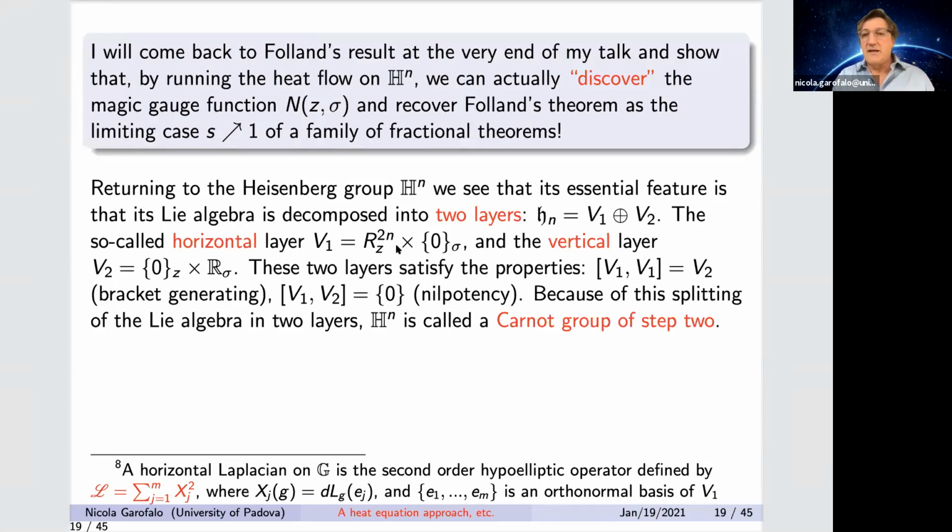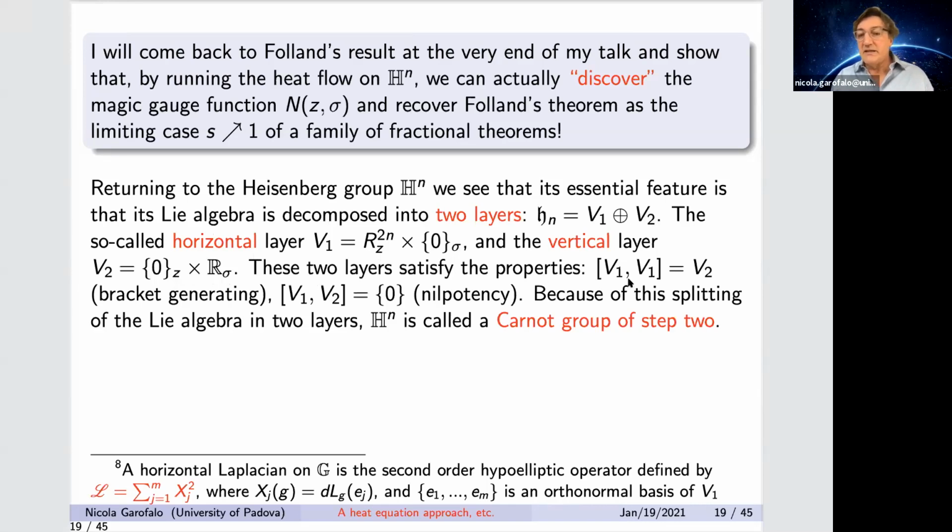So let me summarize then for everybody the situation of the Heisenberg group. The Lie algebra is decomposed into 2 layers. One is V1, which is R^2n with respect to the variable z, cross 0 with respect to the variable sigma. I will call this the horizontal layer. And then there is a vertical layer, which is 0 with respect to the variable z, Cartesian product with R in sigma.